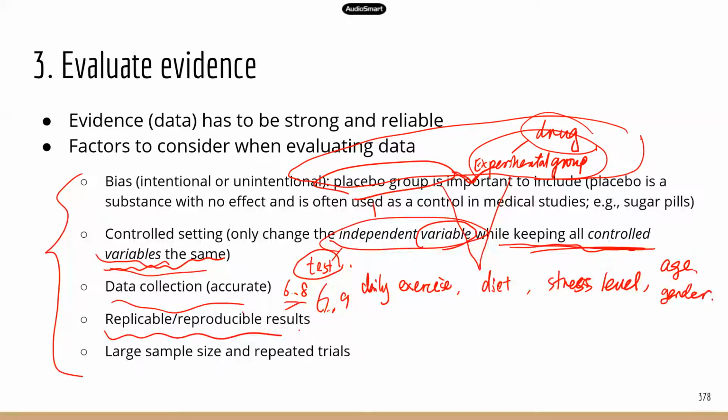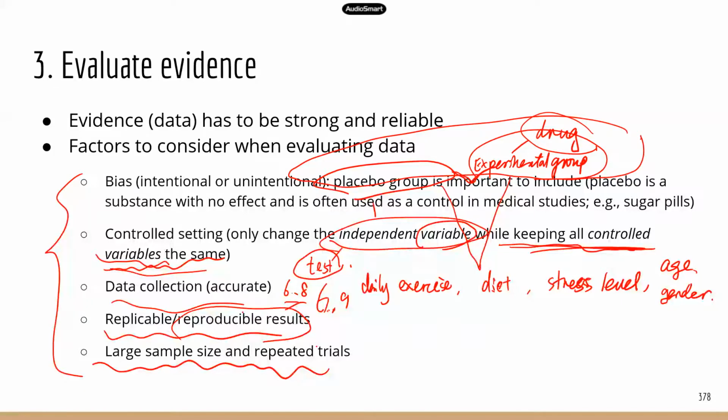Next, replicable, reproducible results. We mentioned this earlier, right? When you do a study, other scientists should be able to follow what you did and produce similar results. Right? So if other people are able to reproduce the same results, then the conclusions would be more reliable because it has been verified by another group of scientists.